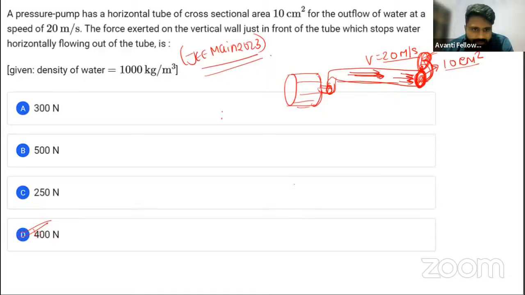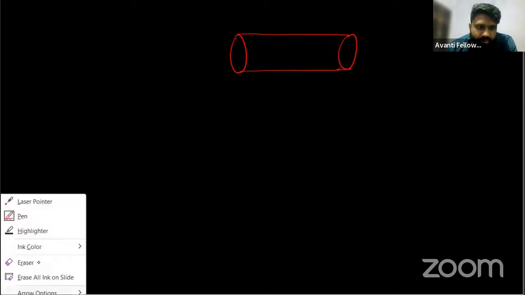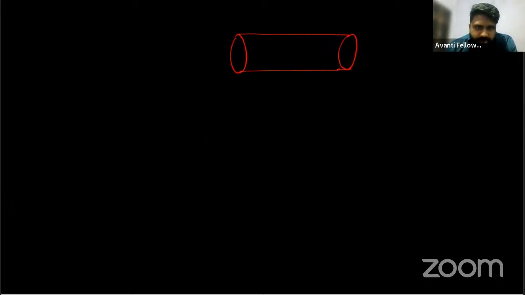So let me see. Firstly, we will see the concept of it. So the reading is visible to you on this black screen. I think it will be visible. So this is the pipe that we have, or let me change the color for you. And in this, the water is being flown at a speed of 20 meter per second.